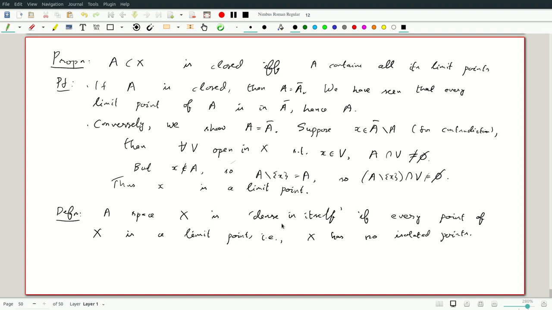So you want to sometimes make a set dense in itself. Well, you could throw away isolated points, but as we saw in the previous example, let me be a little bit concrete here. If I looked at the set X, which is 0 union 1 over n, where n is a positive integer greater than or equal to 1, then 0 is not isolated in X, but everything else is.